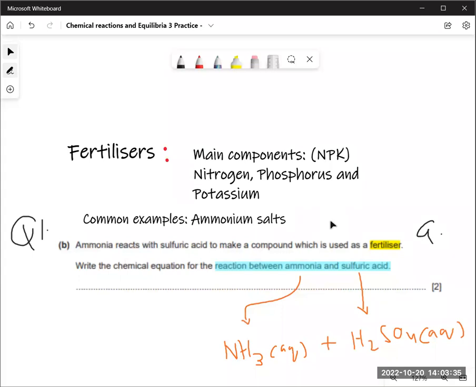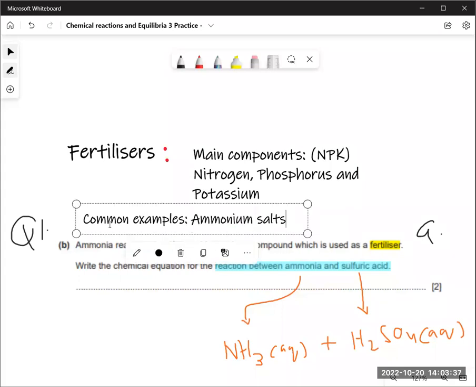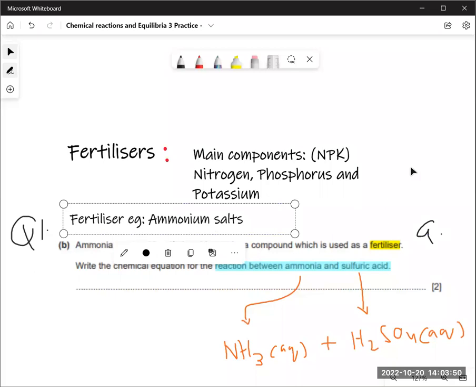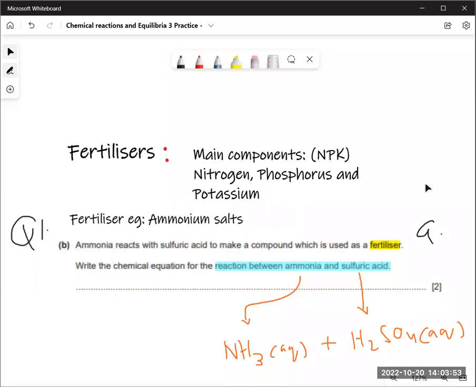Yes, example of fertilizer. We'll look at more examples, but this one is main, ammonium salts.